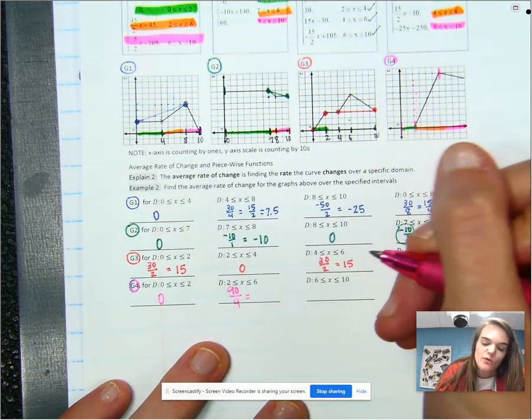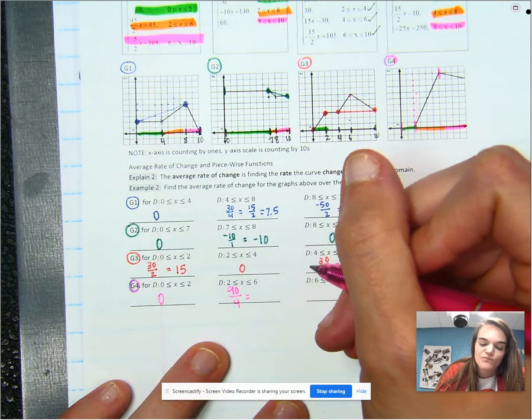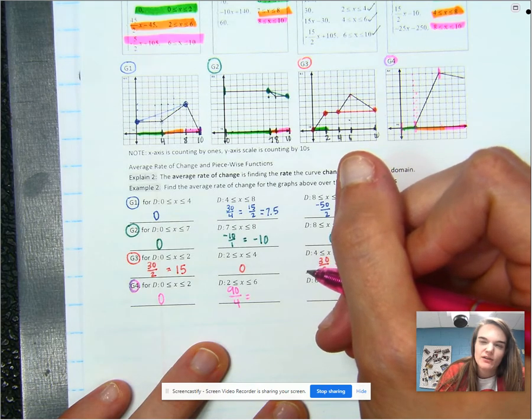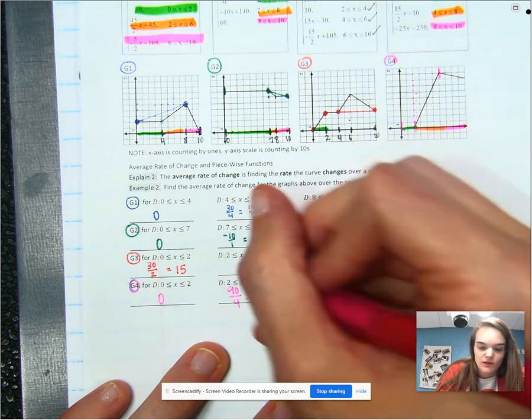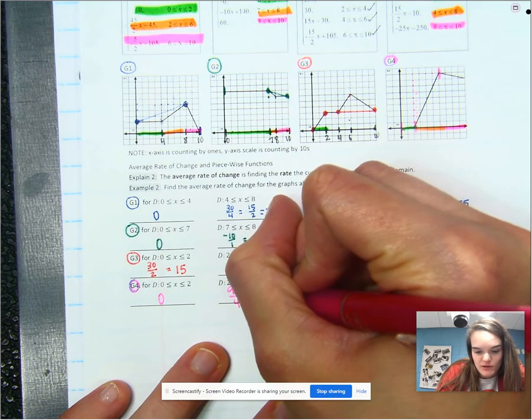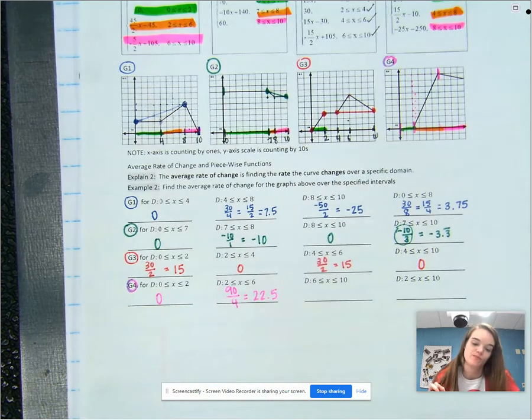90 divided by 4, 45 in half is 22.5. Let's think about that.